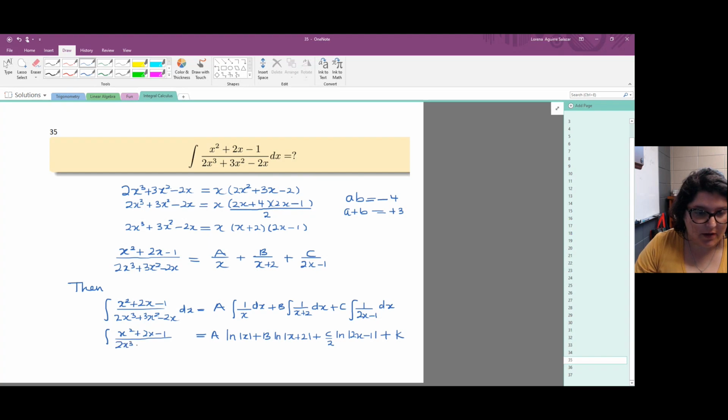And then we come back to the expression that is the integral of the rational function x squared plus 2x minus 1 divided by 2x cubed plus 3x squared minus 2x.